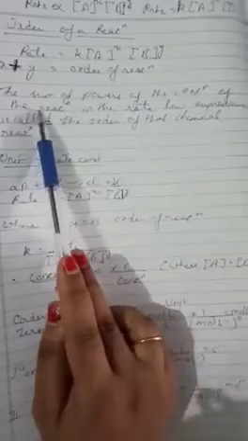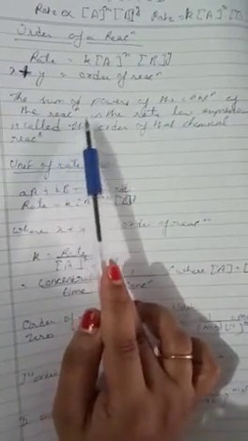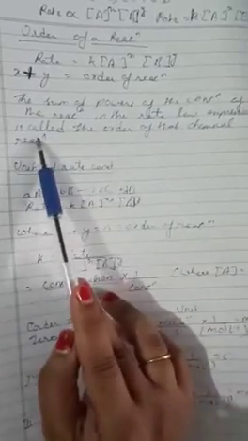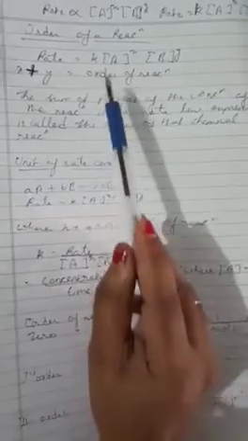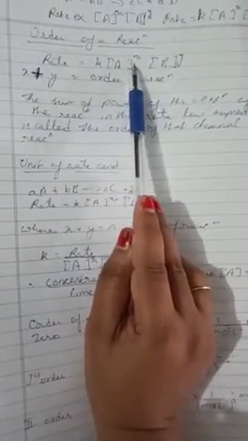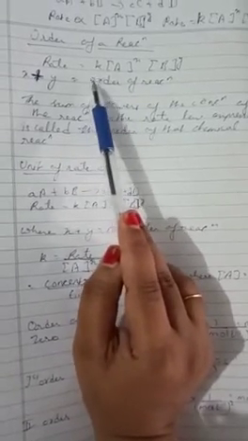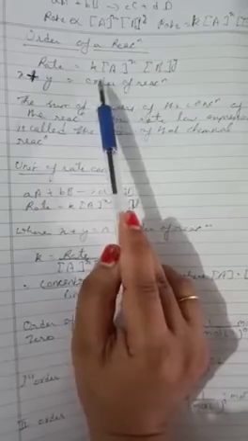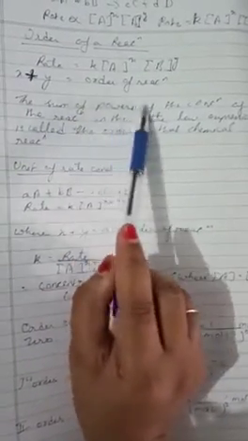So the sum of powers of the concentrations of the reactants in the rate law expression is called the order of that chemical reaction.